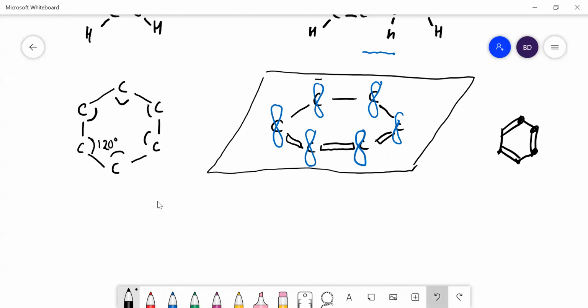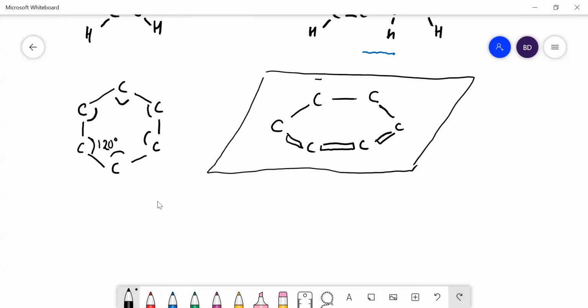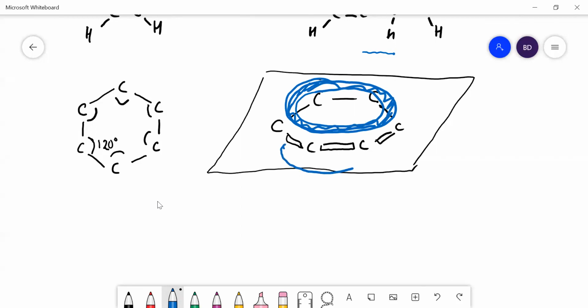So what actually happens is, oh, is it going to let me get rid of these? Yeah, there they go. Right, so you end up with a big ring on the top there of delocalized electrons, and another ring underneath of delocalized electrons.